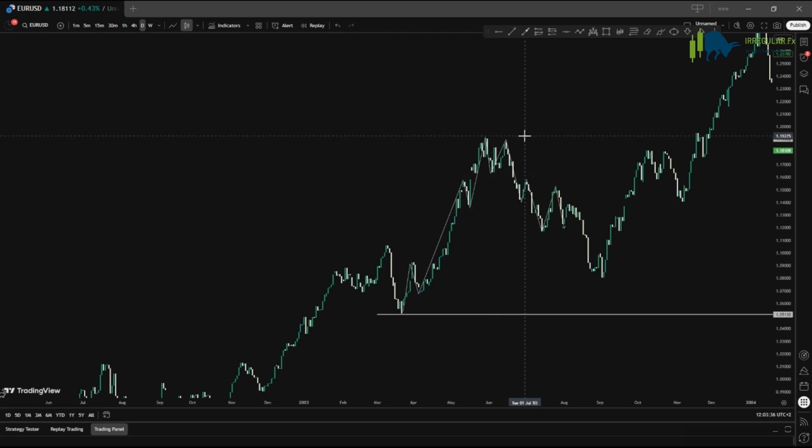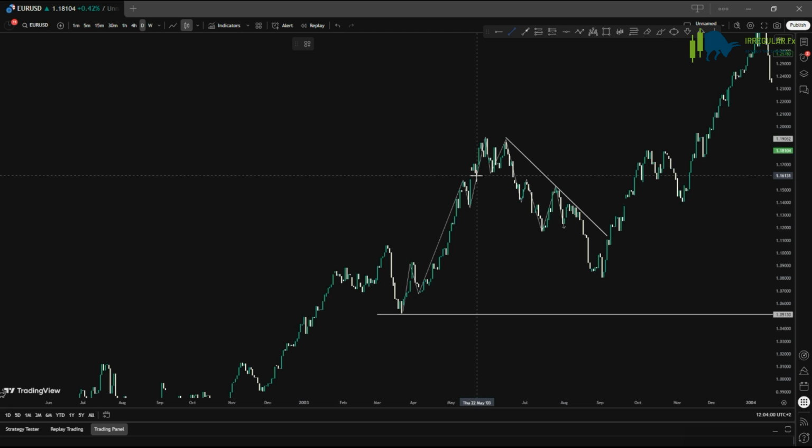What do we do? We go to our trend lines, then we cater for our two highest points. In this case, we can use this one and this one. Then we construct them. After constructing them, we draw the supporting trend line.